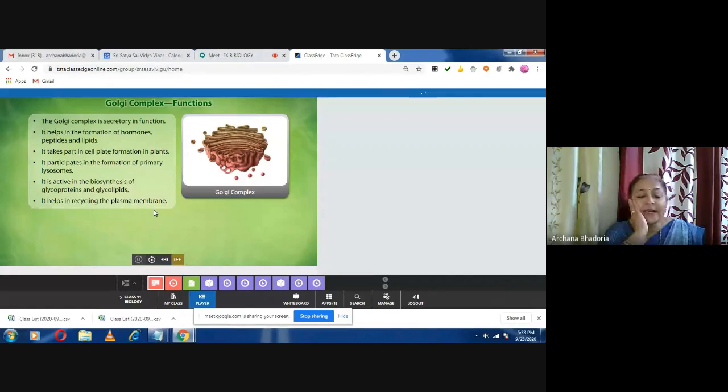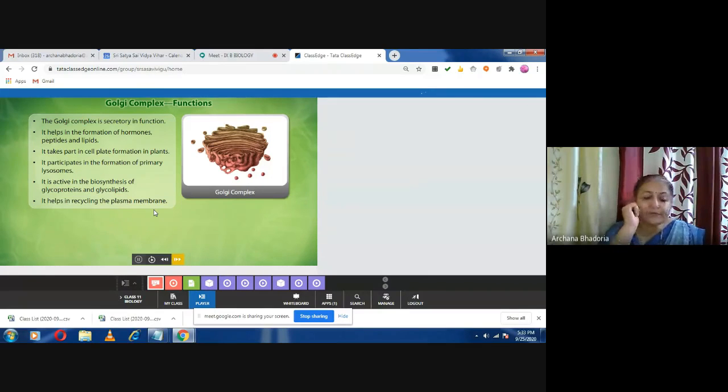Helps in the formation of hormones, peptides, lipids. Takes part in cell plate formation. In your book, it is given that it helps in conversion of the simple sugars into complex sugars. You can add that point also, children.